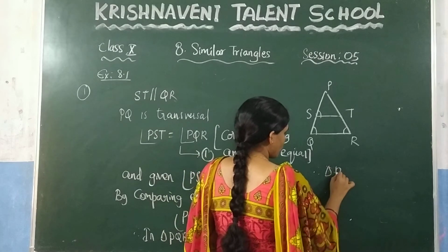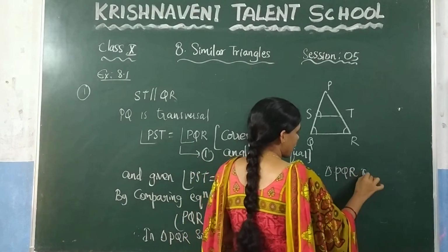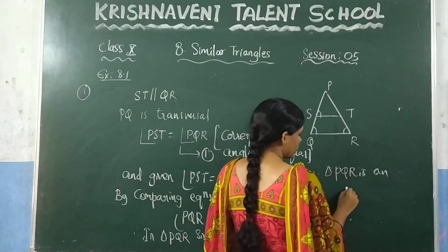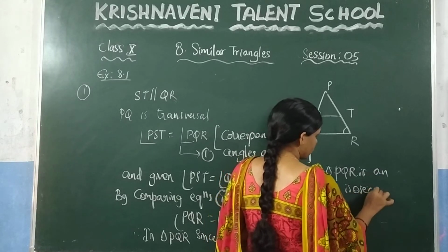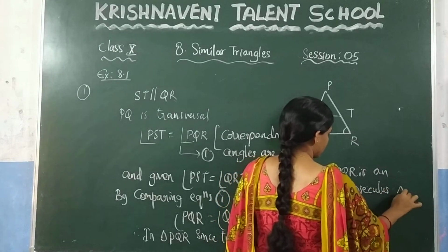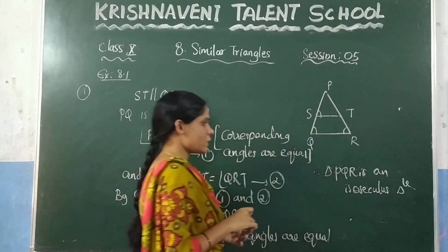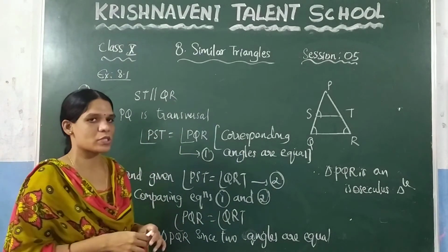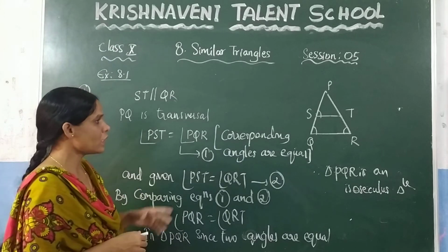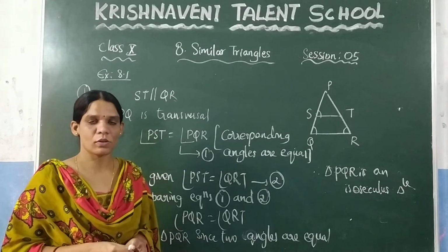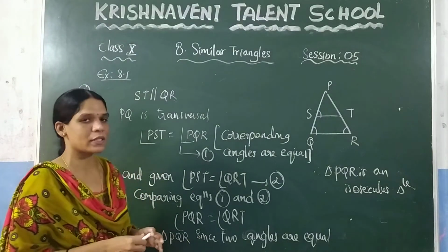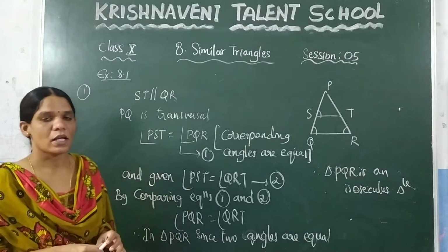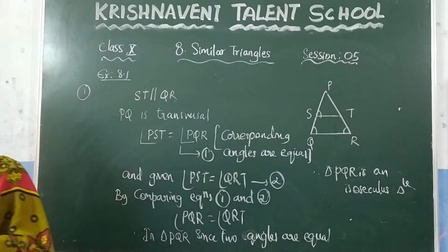Therefore, triangle PQR is an isosceles triangle. Using the transversal concept, we have proved that the given triangle is an isosceles triangle. Now see the next problem here.